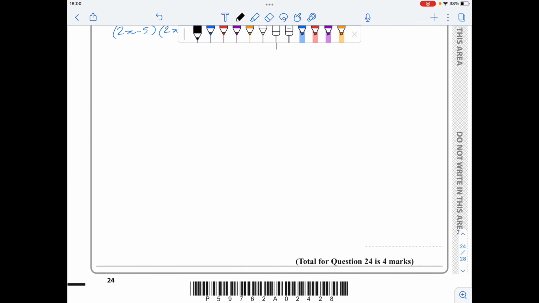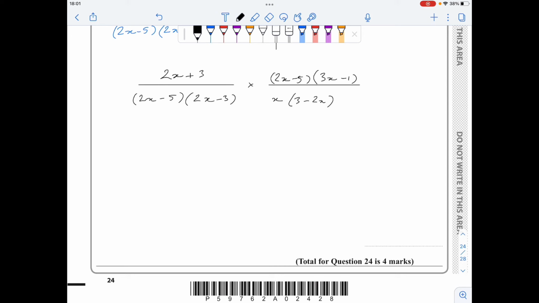Now let's put this together. (2x + 3) over (2x - 5)(2x - 3) times, and I'm going to flip the second fraction, and I have (2x - 5)(3x - 1) over x(3 - 2x)(3 + 2x).